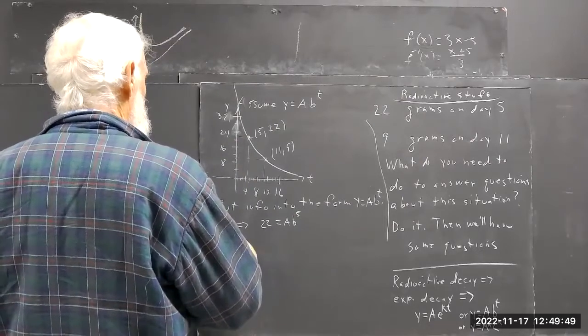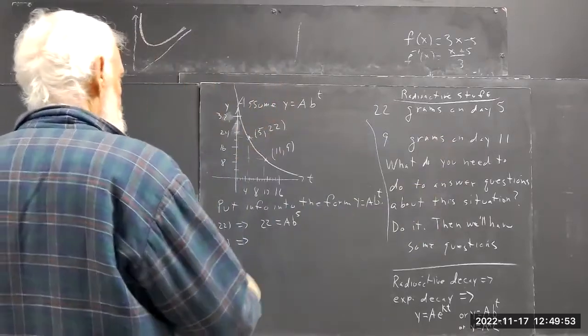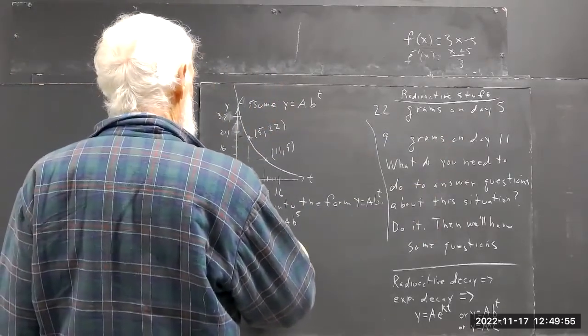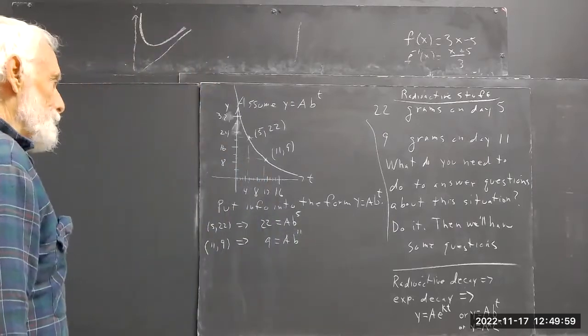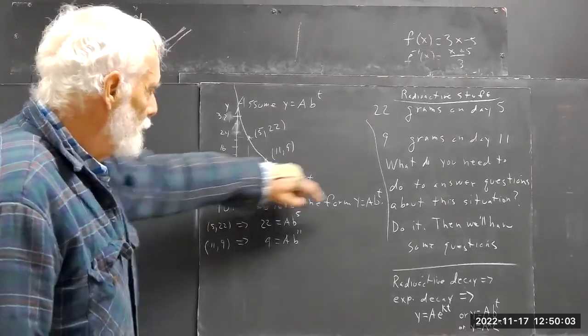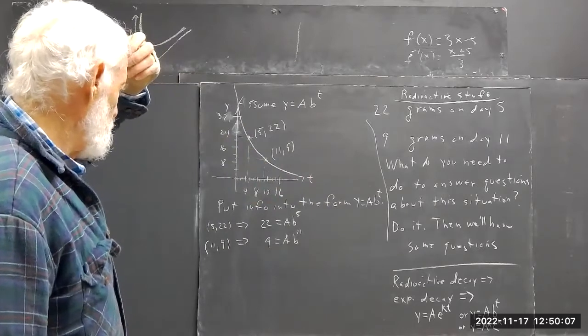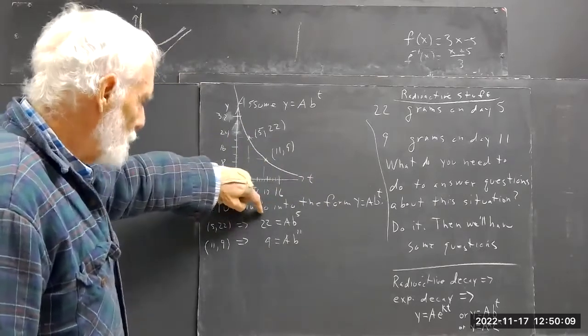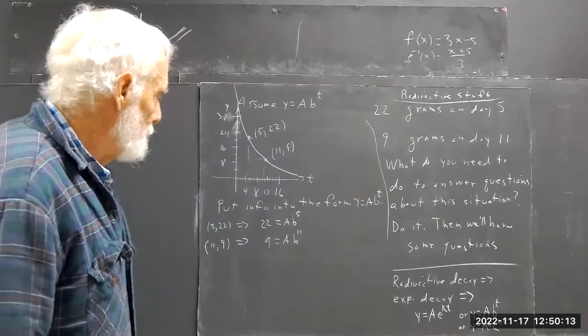And your 11, 9 point, which corresponds to 9 grams at day 11, tells you that 9 equals a b to the 11th. Because again, this is y, this is t. You plug this in for y, you plug this in for t, you get this equation.